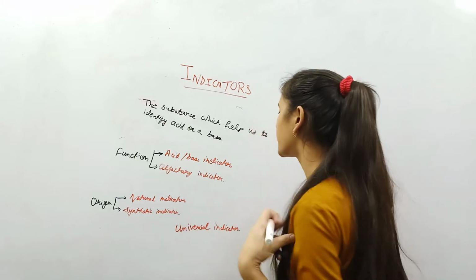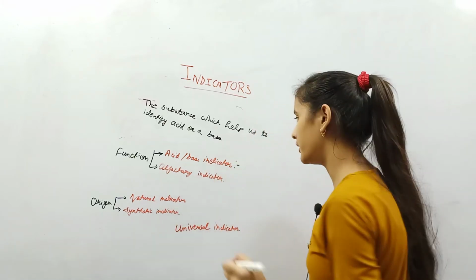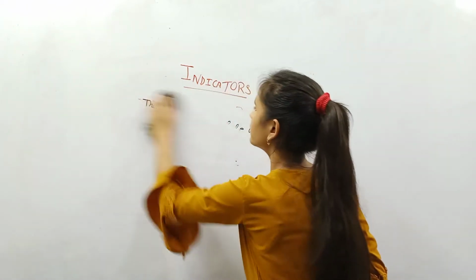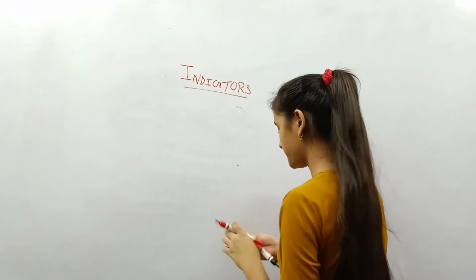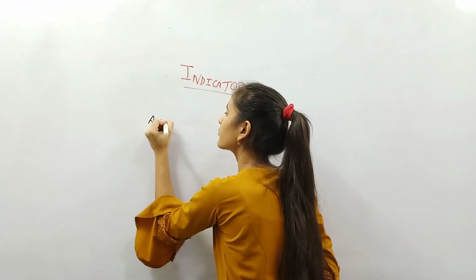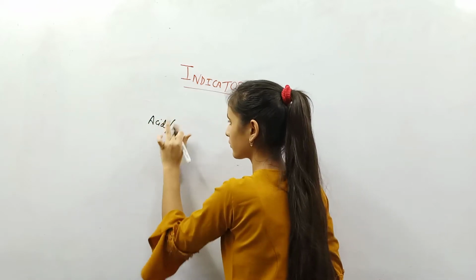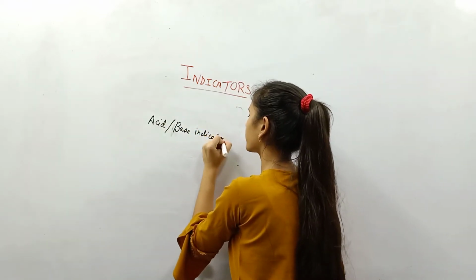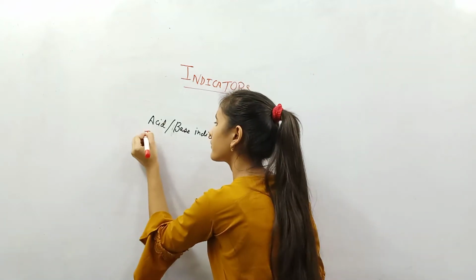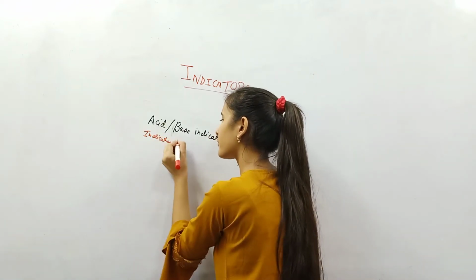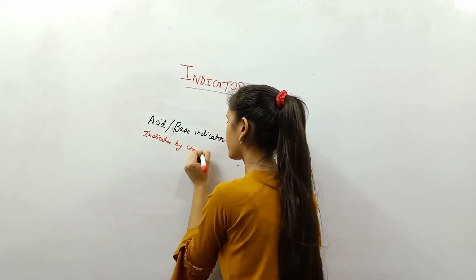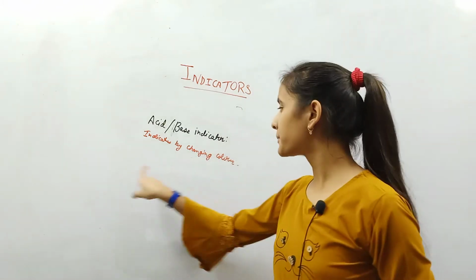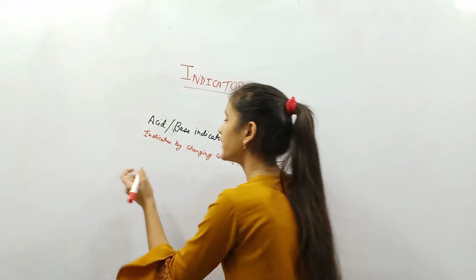Acid base indicators are the indicators which indicate by changing their color. For example, we can take the litmus.